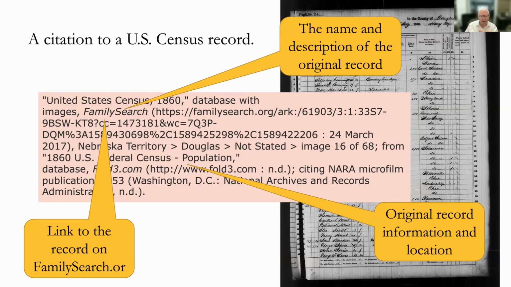So there we are with, like in many cases, more information, but it also tells you that it was from Nebraska Territory and Douglas, and the county was not further stated, but it was image 16 of 68. So you can go right to the image if you simply have to dig through the census record, if for any reason the link is no longer good.